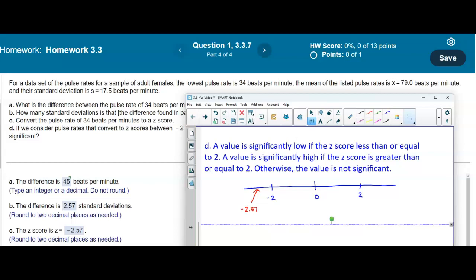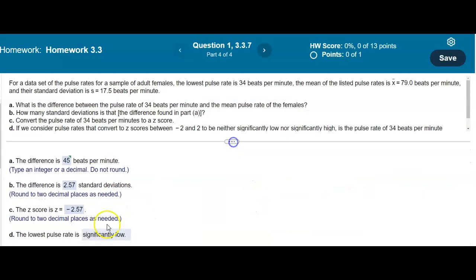And so that means that this is significantly low. Now, if it was on this side, it would have been significantly high. And if it was in between, it would be insignificant. And so in this case here, the lowest pulse rate is significantly low.